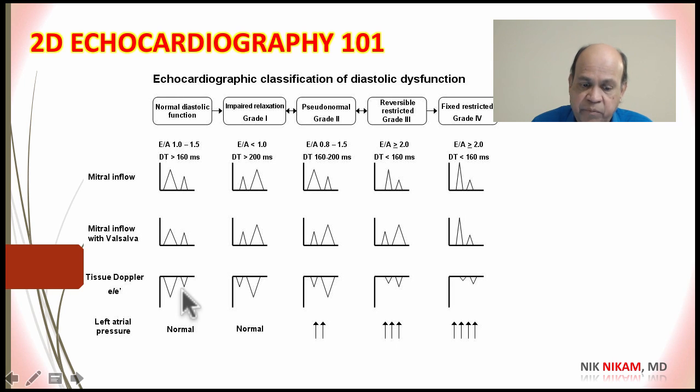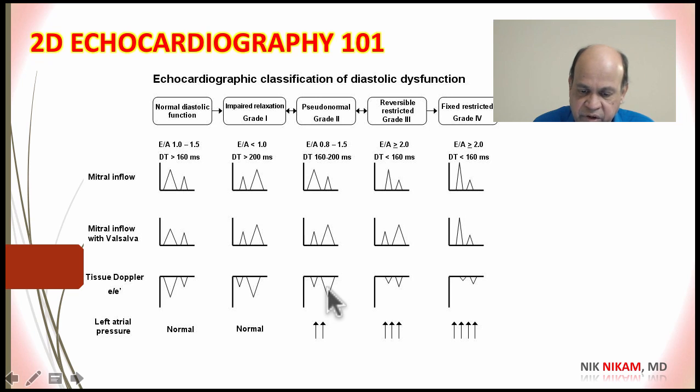In a tissue Doppler, we have the prominent E and E prime, which is reversed in grade 1. In grade 2, it continues to be reversed, whereas here we have the reversal of the E and A amplitudes.